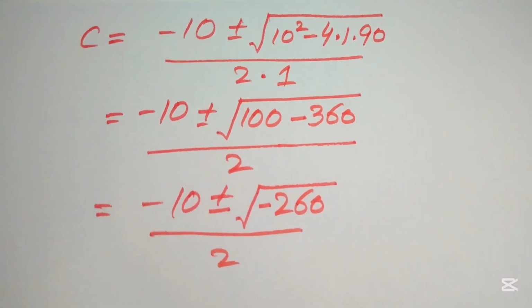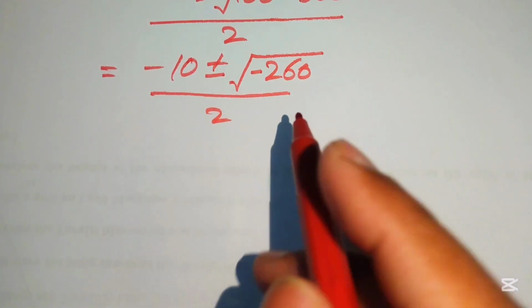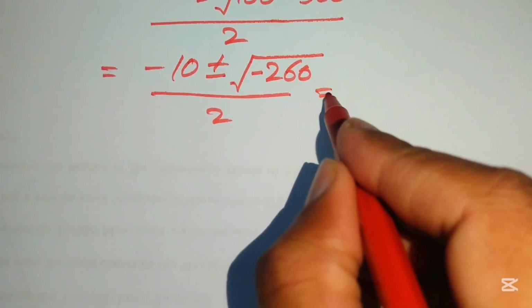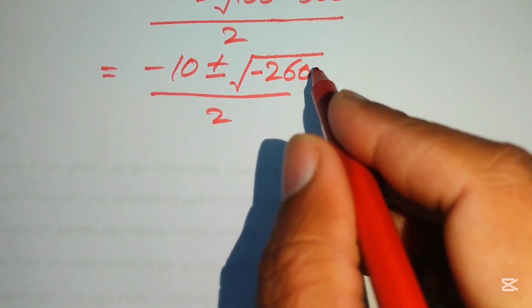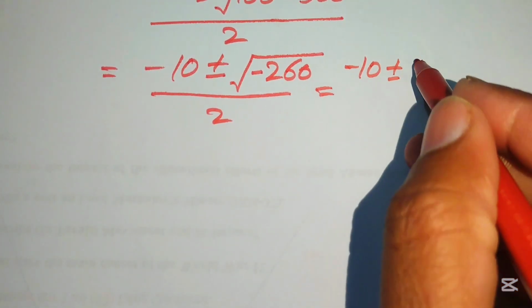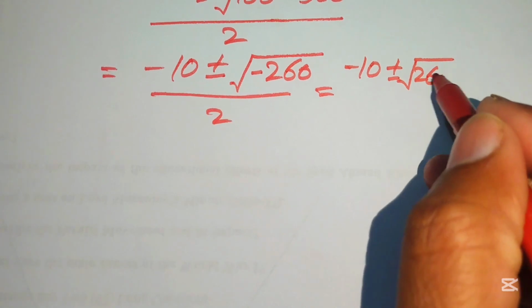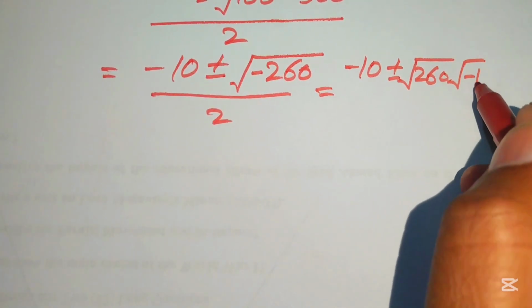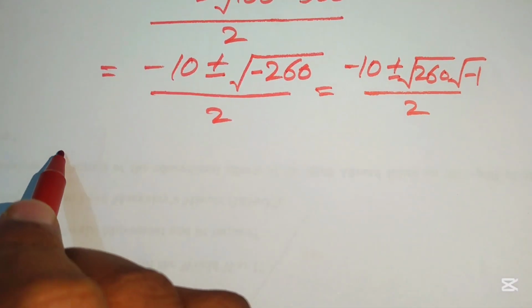Okay, so further we need more simplifications, and here we break this square root sign. Now we place the square root on the negative term and the number 260 as well. So it will be written as minus 10 plus minus square root of 260 into square root of minus 1, divided by 2.